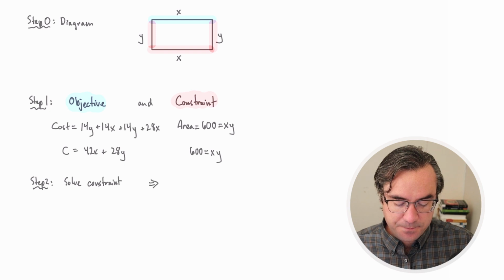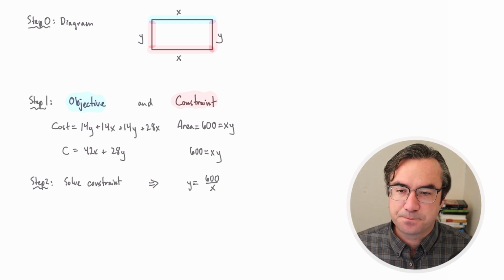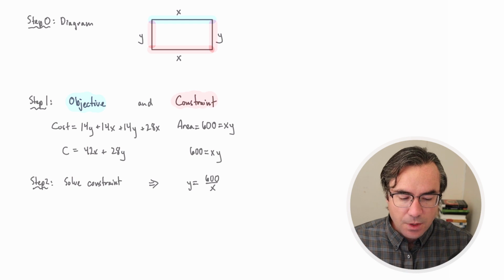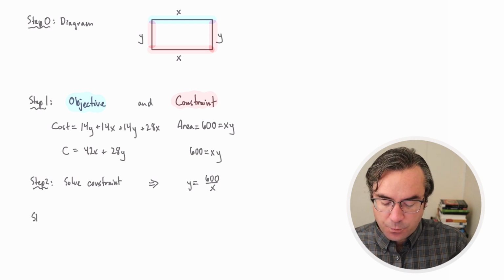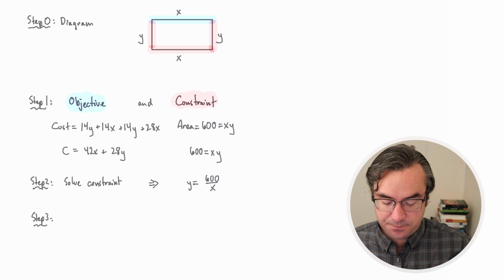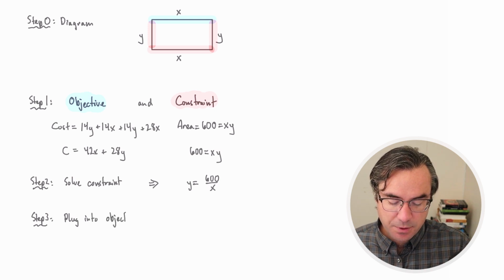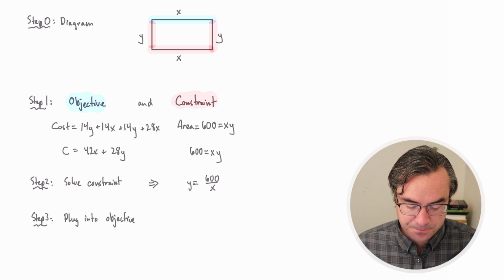So if we do that, we get y is equal to 600 divided by x. Okay. And then once we do that, we take that result and we plug it into our objective. So that's step 3.